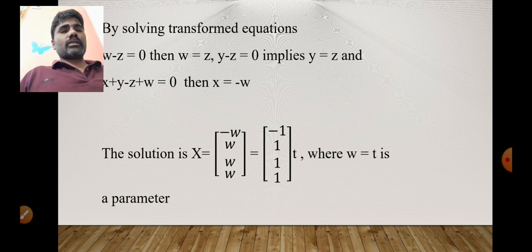Minus 2, 2, 2, 2 is also a solution. Minus 3, 3, 3, 3 is also a solution. Now this is the homogeneous system. A homogeneous system is always consistent and it possesses a non-zero solution when rank of A is less than the number of unknowns.